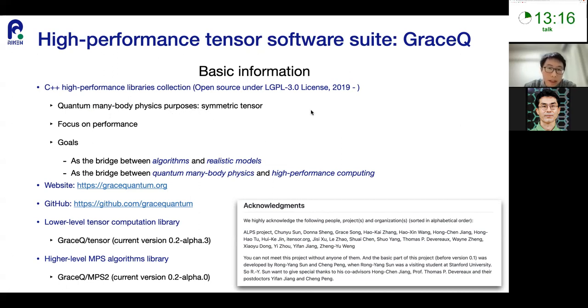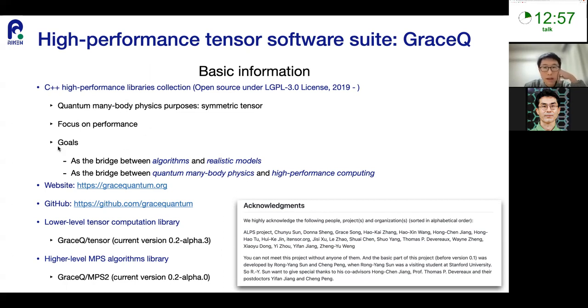So that means we pay more attention to symmetric tensors. And since we want to calculate some challenging systems like the doped t-J and Hubbard model, we highly care about its performance.